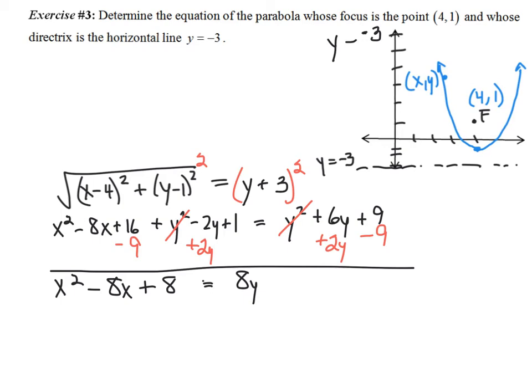Now at this point we're going to divide each and every term by 8. So another way of writing my parabola would be y equals 1/8 x squared minus 1x plus 1. So you'll notice that we're now writing this equation for the parabola in standard form.